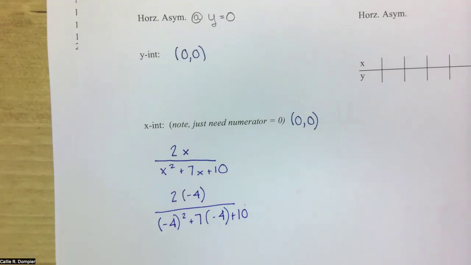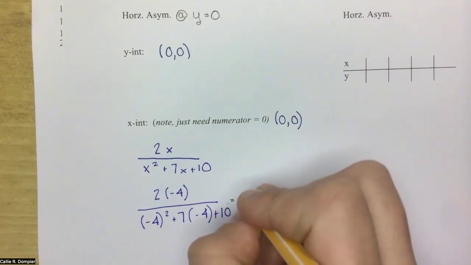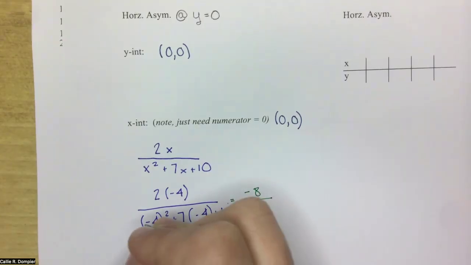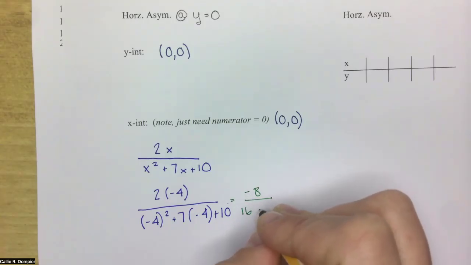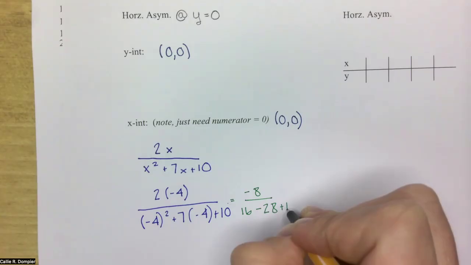Good? 2 times -4 is -8. -4 squared is 16, minus 28, plus 10.